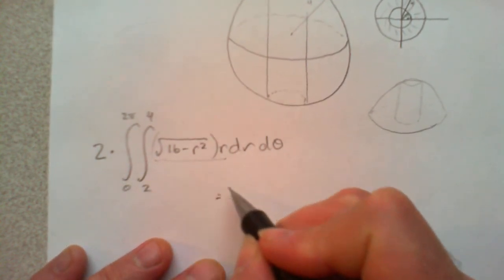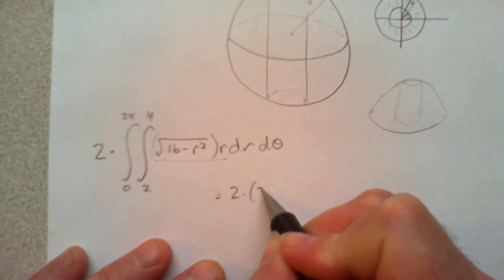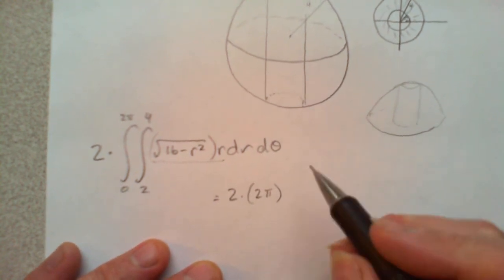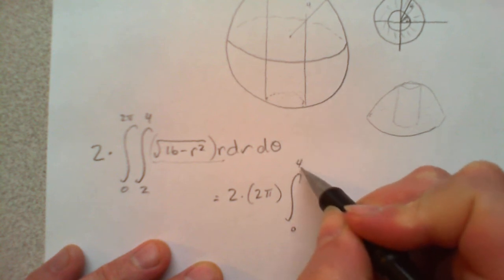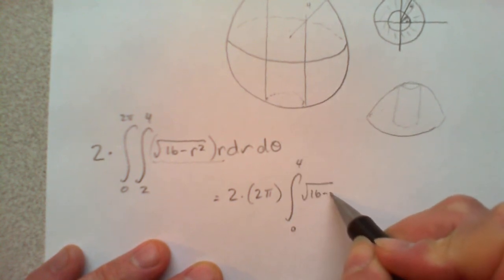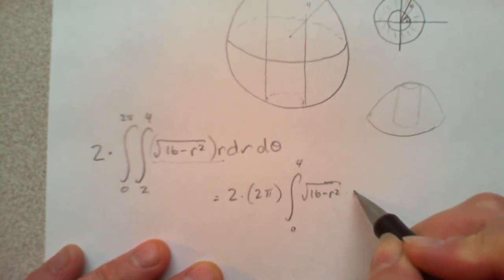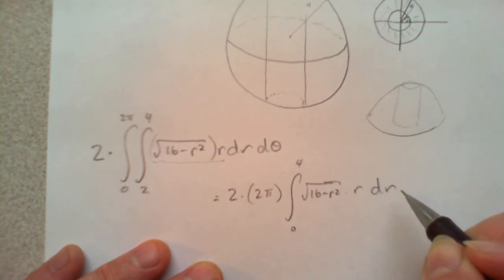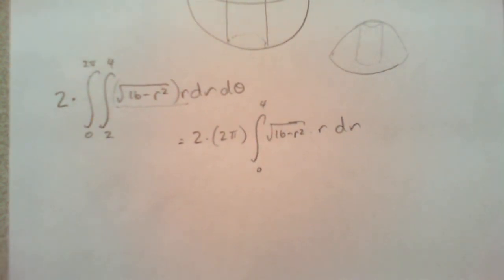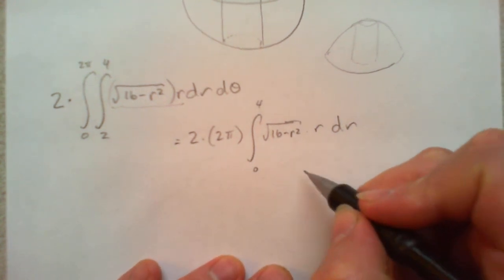So then I have 2 times 2 pi times this integral from 0 to 4 of square root of 16 minus r squared times r dr. Now we're back at a simple Calc 1 u substitution integral.